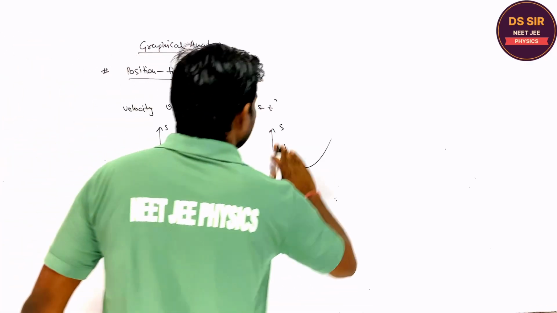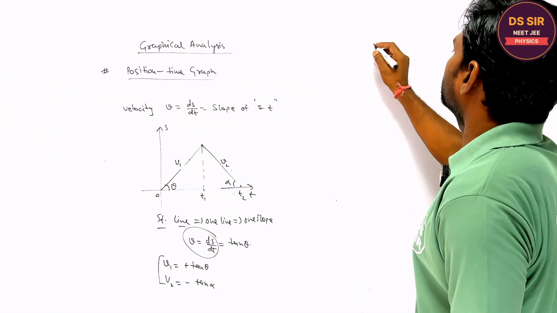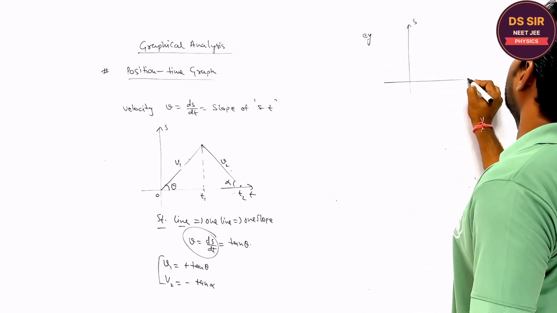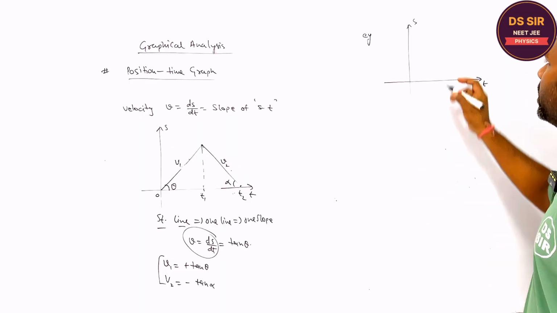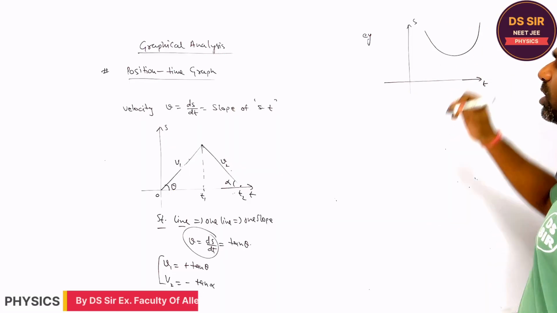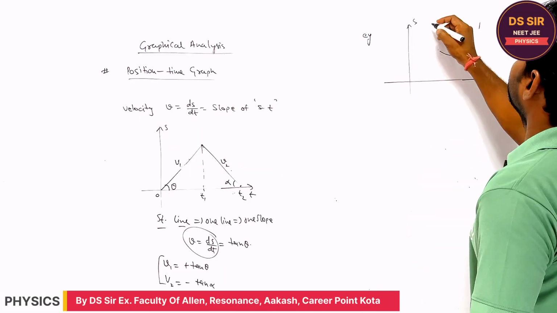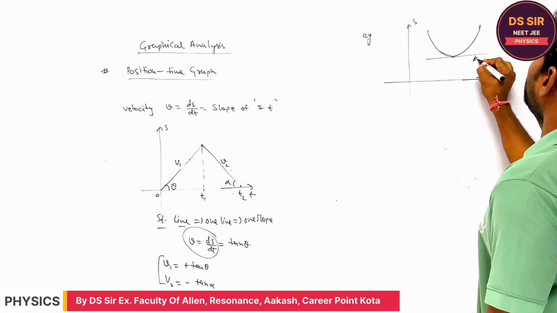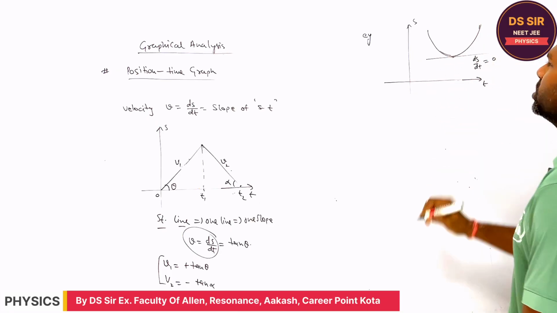For example, if you consider a different curve, if this is the s-t graph over here, this is the point where the slope ds upon dt is 0.